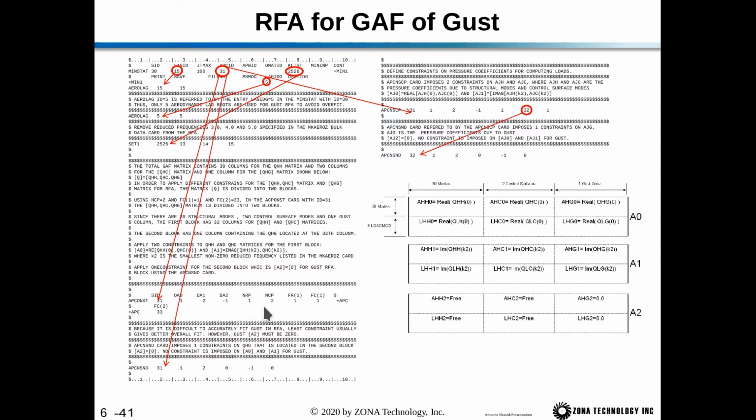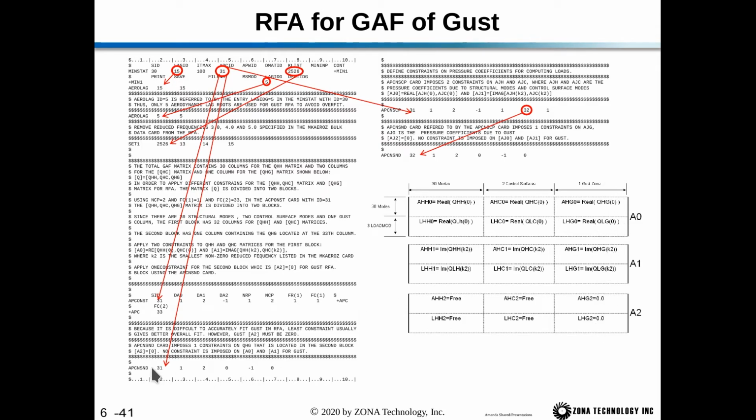And then we're splitting the number of column partitions into 2. So the first column partition is all of the normal modes and control surface modes, and then the second partition, column 33, is the Gust. So we have 30 normal modes, 2 control surface modes, and 1 Gust zone. So that 33rd column here is the Gust zone.